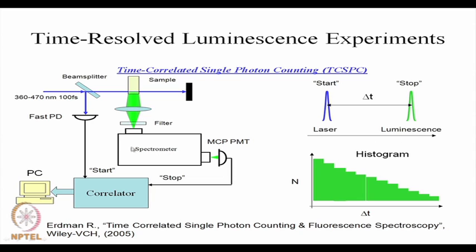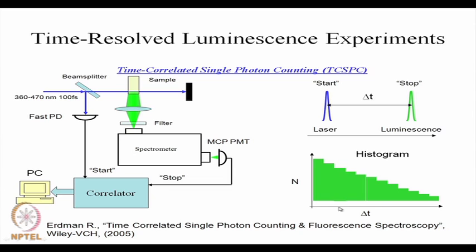The spectrometer is again used for resolving the emission intensity as a function of different wavelengths, and you can measure the decay profile in terms of a histogram as a function of time, that is, the number of photons collected at different times.